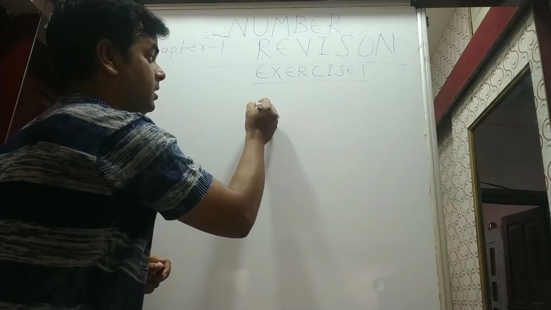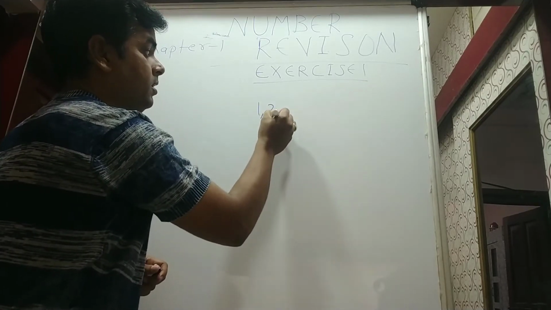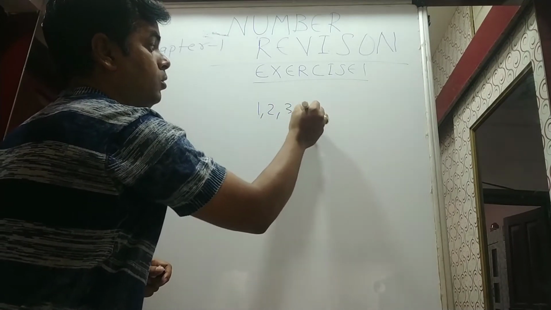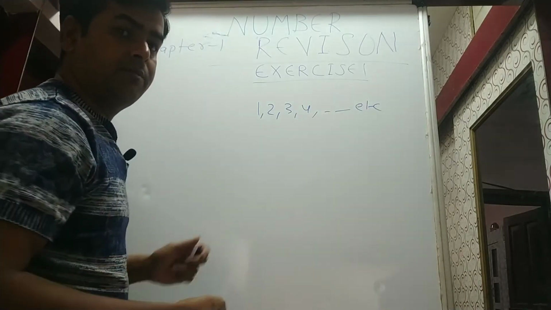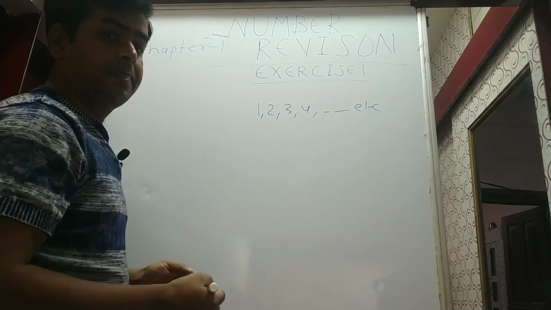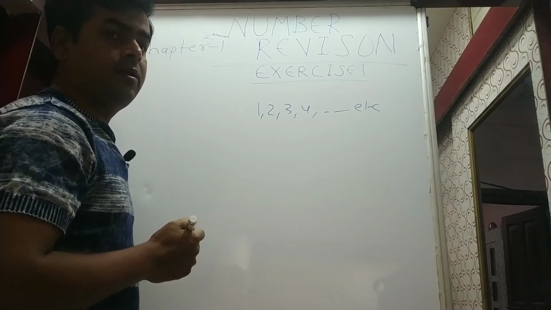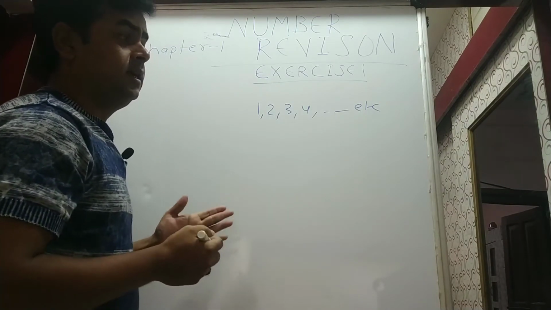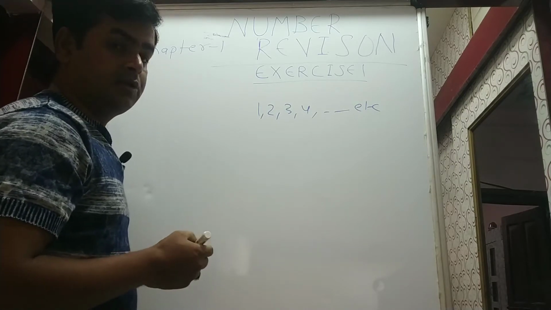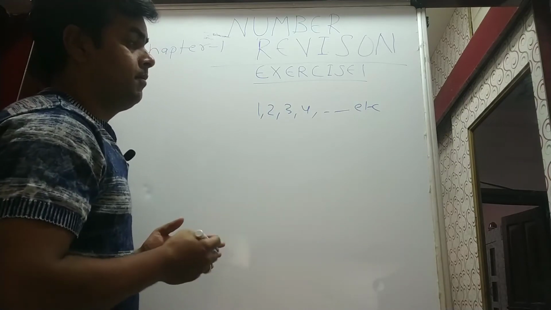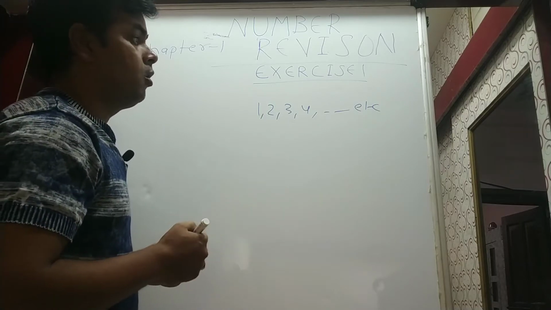A natural number is a number which starts with 1 and goes through all positive integers. The greatest natural number we cannot tell, because if you say the greatest natural number is 100 crore, if you add 1, that will be 100 crore 1.